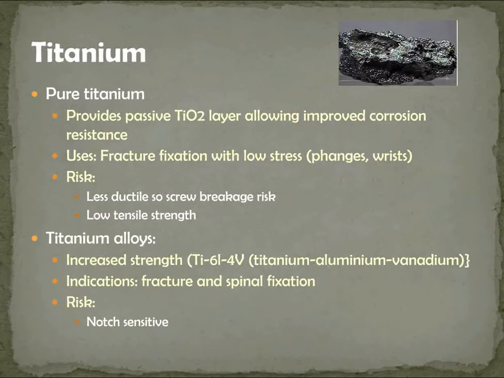Titanium can be used as pure titanium or as titanium alloy, and the pure titanium produces the risk of being less ductile, so therefore providing less feedback to the surgeon, and therefore screw breakage, and titanium alloys have increased strength compared to pure titanium.